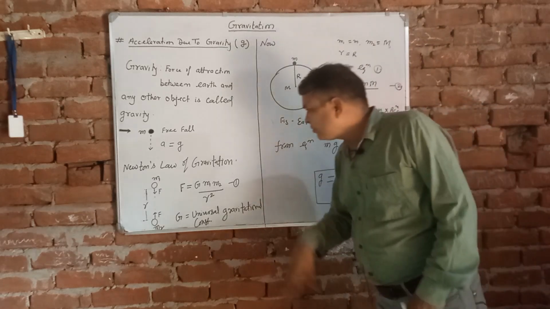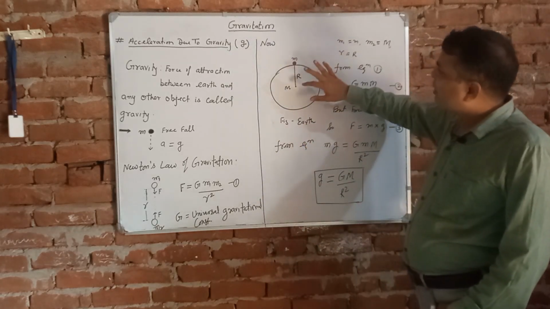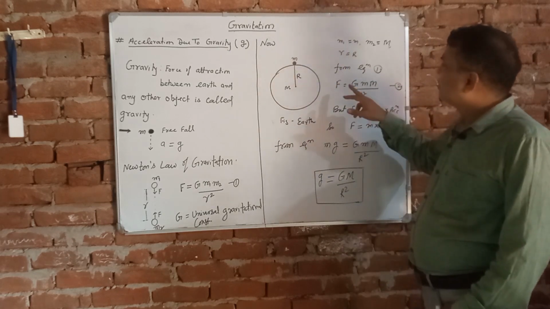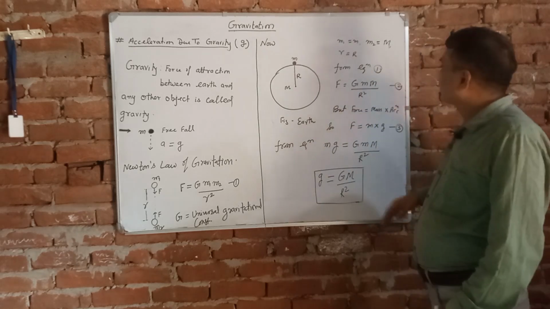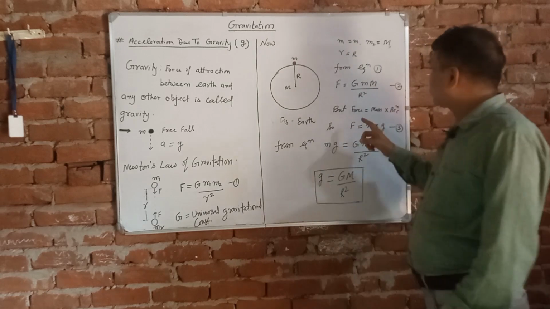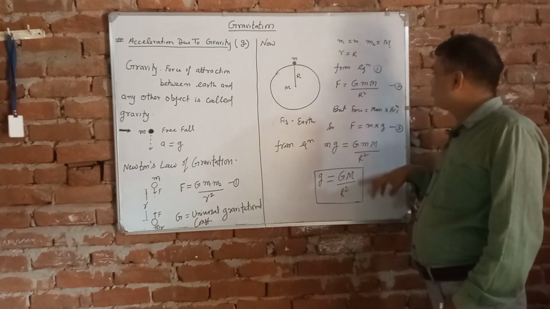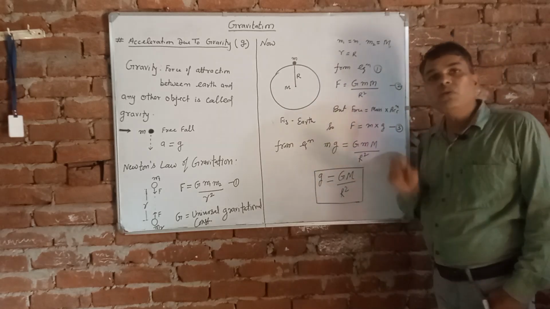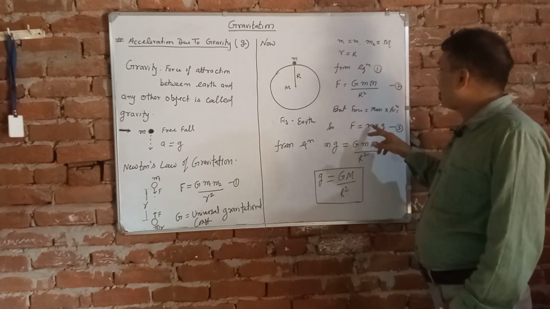From equation 1, F, that is the force between the earth and the small m mass, F equal to G M m by r square. We also know that force equal to mass into acceleration. Force is denoted by F, mass is m, and acceleration is the acceleration due to gravity, so we can write F equal to mg.